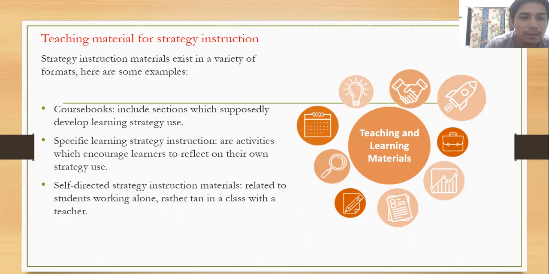Those are activities which encourage learners to reflect on their own strategy use. And finally, we see self-directed strategy instruction materials. This is related to students working alone rather than in a class with a teacher.